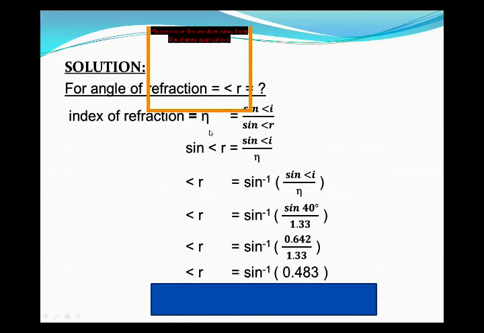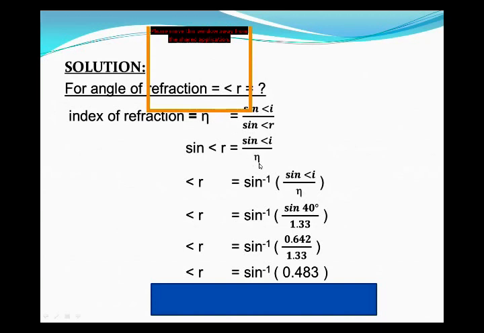So to find the value of angle R, we will rearrange their positions. So sine angle R will shift to the left hand side, so it will come in multiplication, while n will shift from left to right and come into the division because it is in the multiplication.